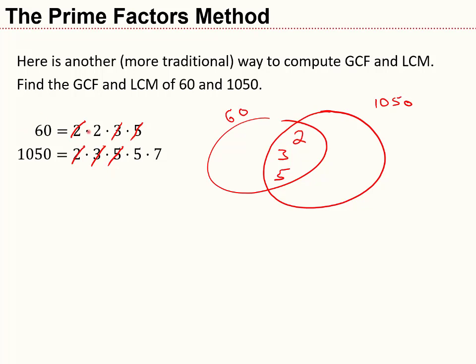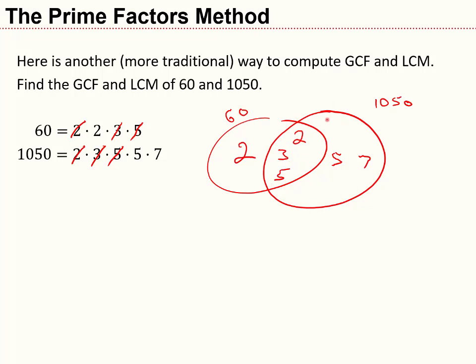Now what remains in the 60 that I haven't crossed off? It's a 2. And what remains in the 1050 that hasn't been crossed off? That's 5 and 7, 5 times 7. And now look at what we've done. In the picture on the right with the 2 circles, the primes inside of 60, those all multiply to make 60.